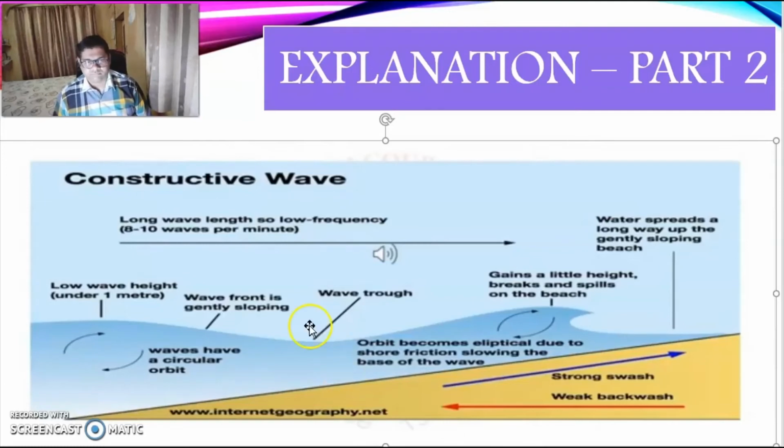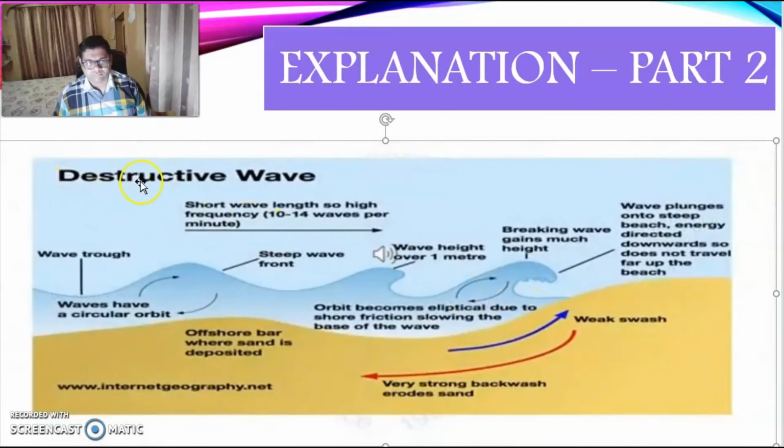Waves can be constructive or destructive. What are constructive waves? Constructive waves are flat and low in height and have a long wavelength. The strong swash carries material up the beach, forming a berm. They have a low frequency of between 6 and 8 waves per minute, which results in a big backwash.